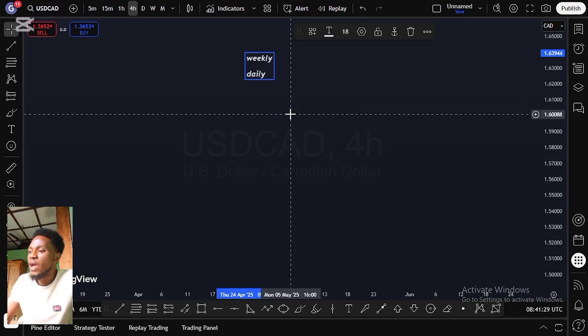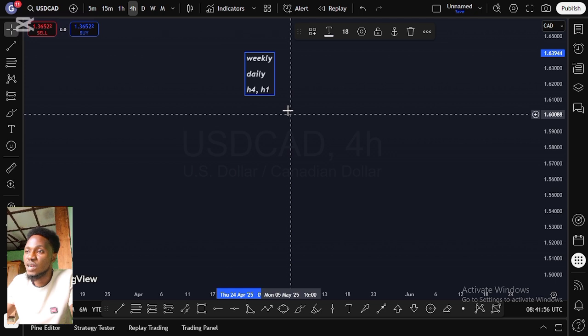Those are the information I want to see. So while I'm drifting down to a lower time frame, I'm seeing the structures that I want to see, having at the back of my mind that I have a higher time frame sentiment. So what I want to do on the H4, which is the 4 hour candle, is structure, or I use the H1, the hourly candle, for my entry.